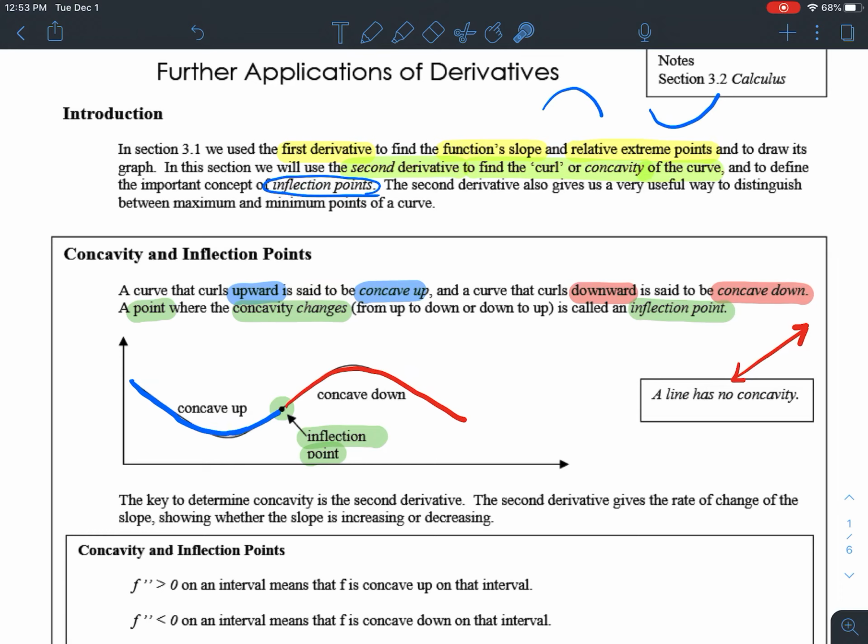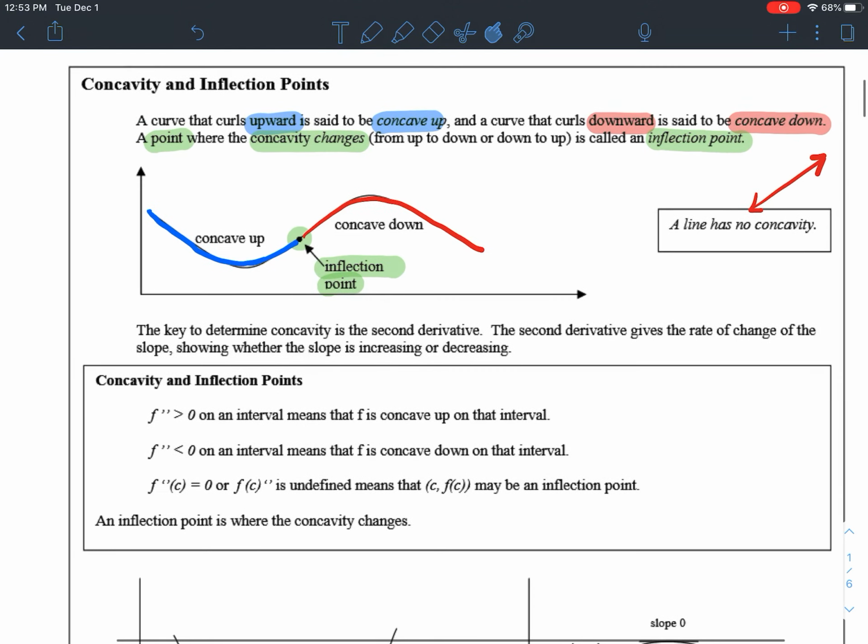And so the second derivative is going to help us figure out whether the graph is concave up or concave down. Now, if you remember, in our first derivative sign diagrams, anytime we said the first derivative was greater than 0, that meant the slope was positive, and anytime the first derivative was less than 0, it meant the slope was negative. And at those critical values, where the derivative actually equaled 0, that's where the slope was 0, the top of a max or the bottom of a min.